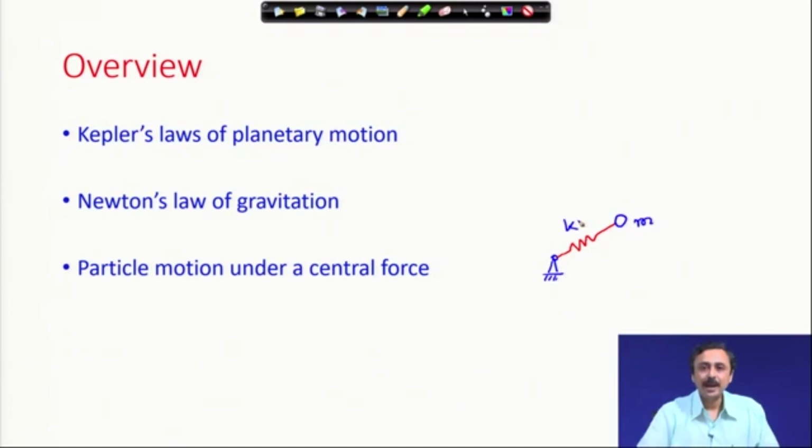Now, this spring is going to give you a central force field. You take the mass to any point, the force that acts on the mass will always be directed towards this pivot anywhere. So, the force will always be directed towards the pivot center.